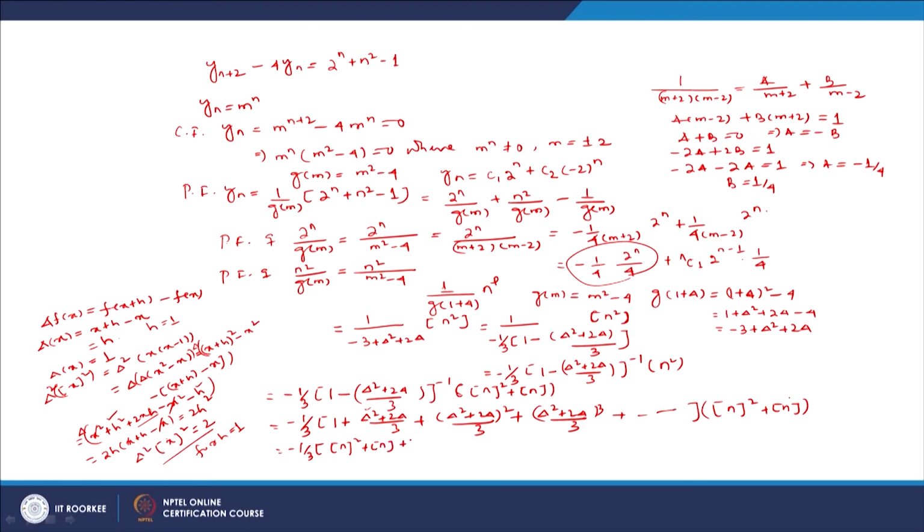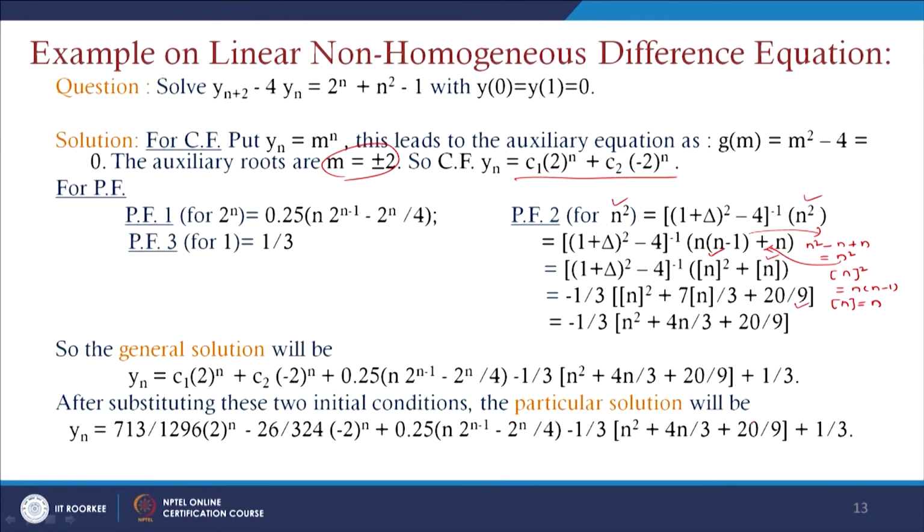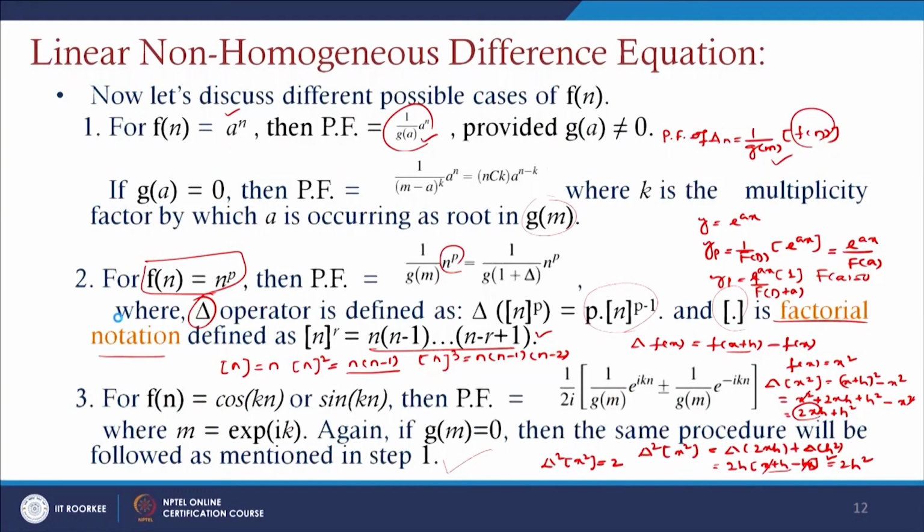Second, if you operate delta square on n square here, I have explained this in the previous slide: delta of n to the power p can be written as p n to the power p minus 1.